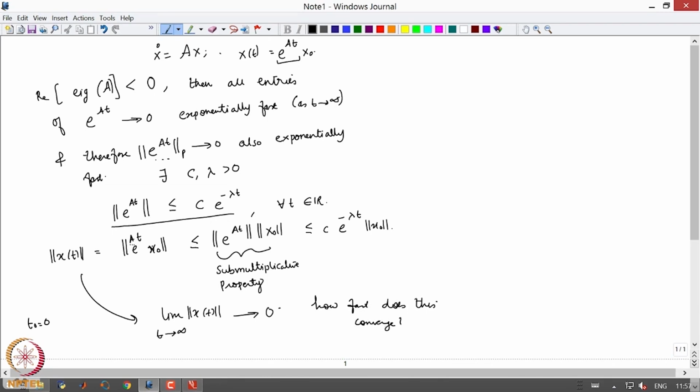So, even before I ask how fast, this already tells me that the system is asymptotically stable. Okay, how fast does this converge?